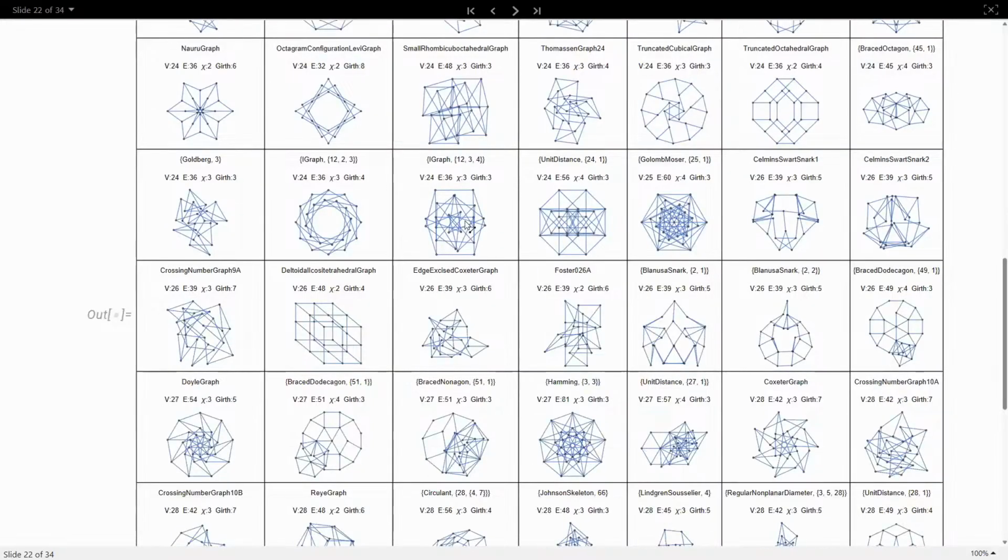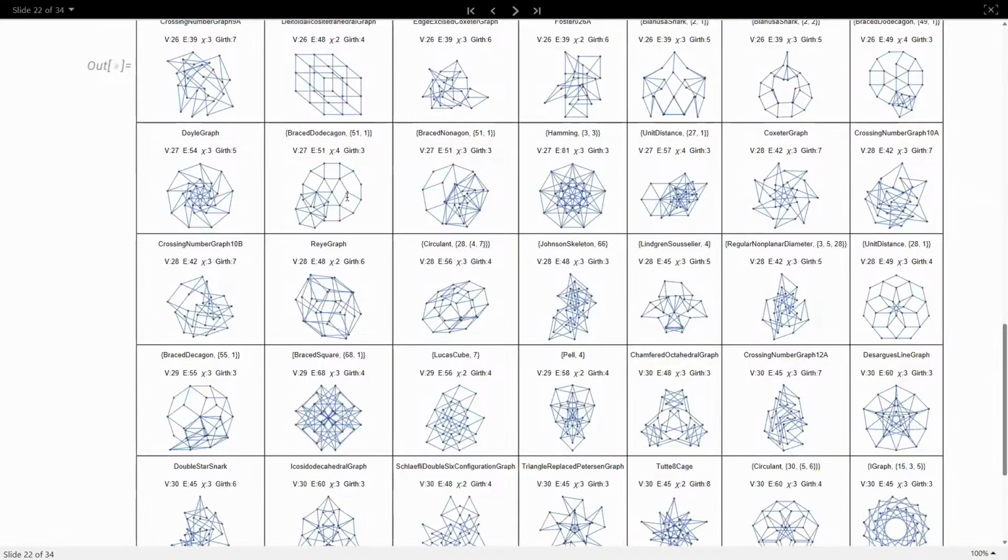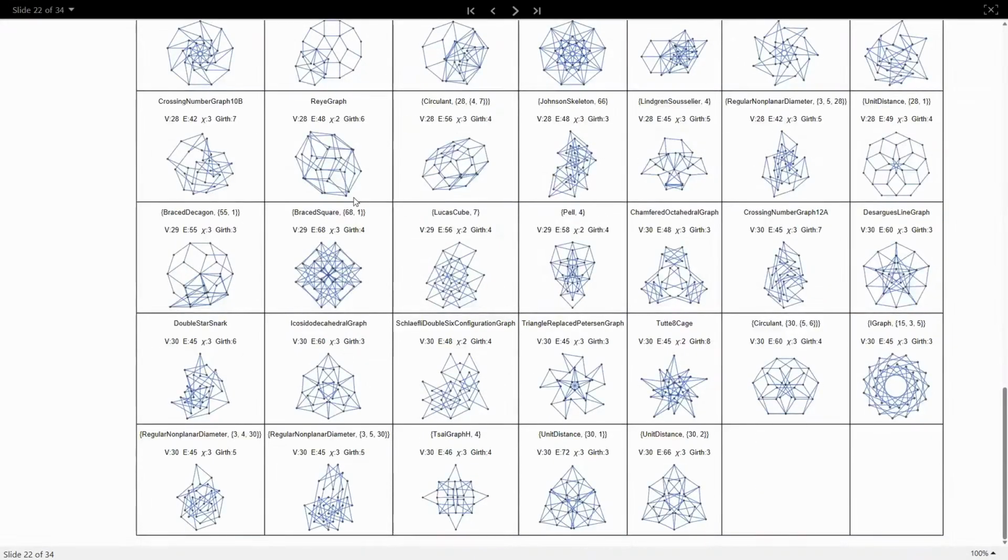So these are many different types of graphs. For example, the Goldberg graph is a variation of the snark. And so on. So these are the Tutte 8-cage, a cubic symmetric graph, which is the smallest cubic graph which has a girth of 8.